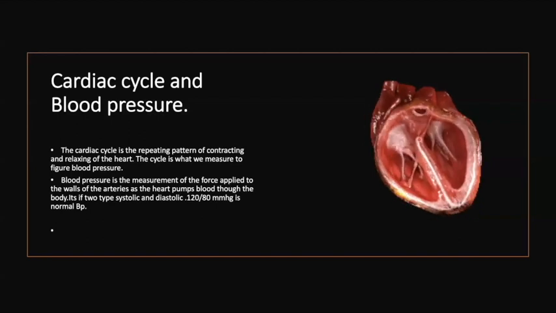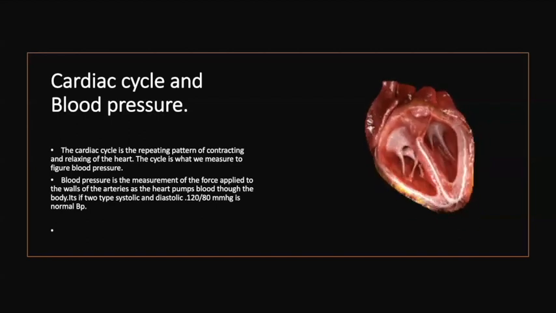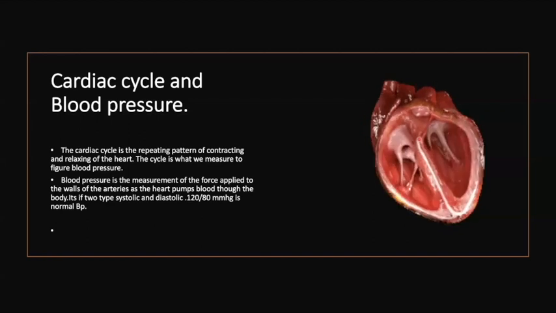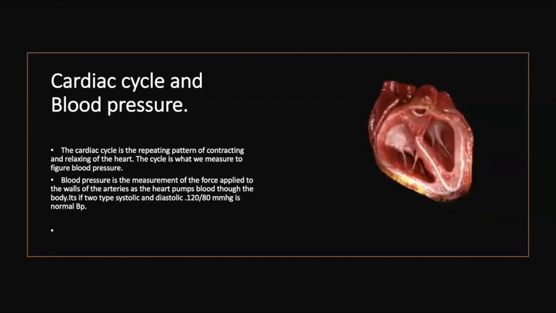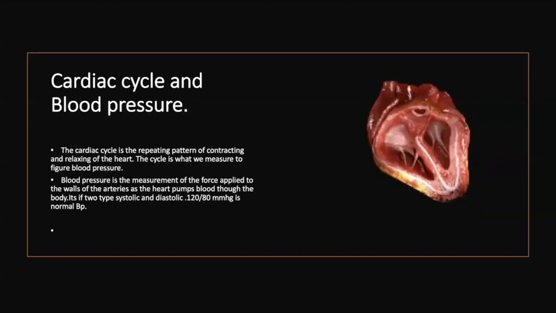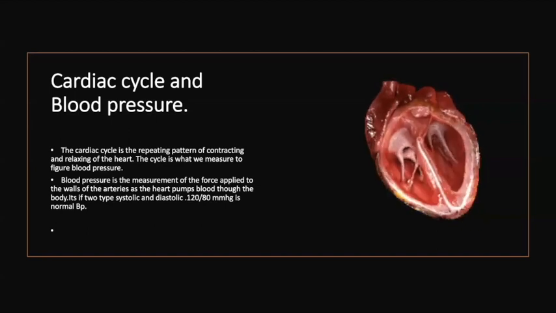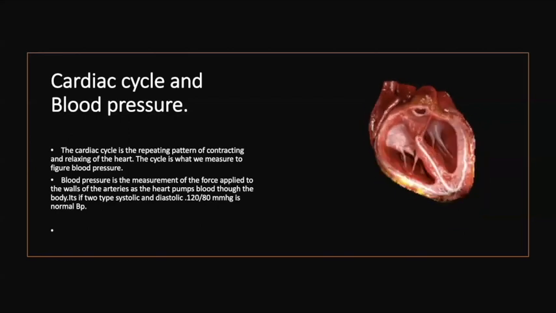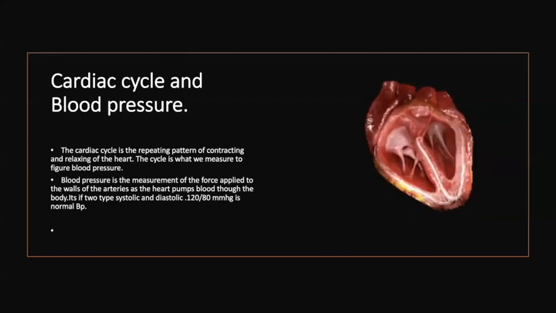There are two types of pressure: one is during the systole and another is during the diastole. During the systole, the heart contracts, so the pressure exerted on the walls is comparatively more than the pressure exerted during the diastole.